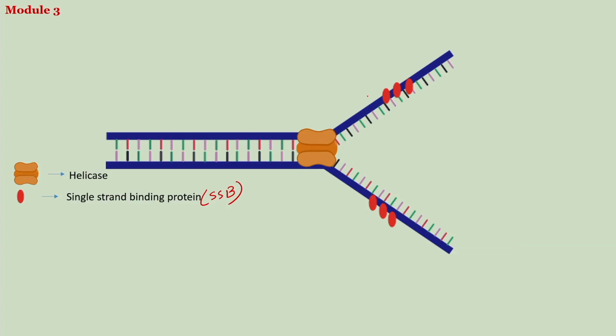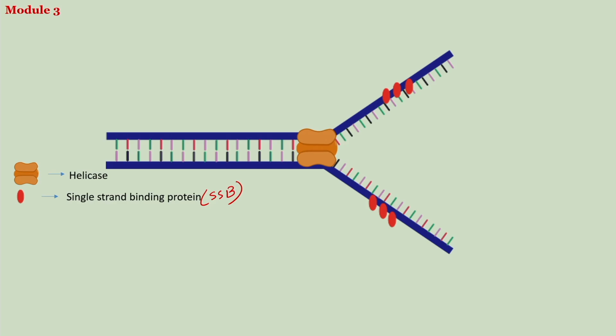Once the proteins bind to the single strands, they do not form the double strand again, because these bindings are stronger compared to the double helix formation. So, that will ensure that the partially opened single strands will remain as single strand. That is how the single stranded binding protein will stabilize the replication fork.